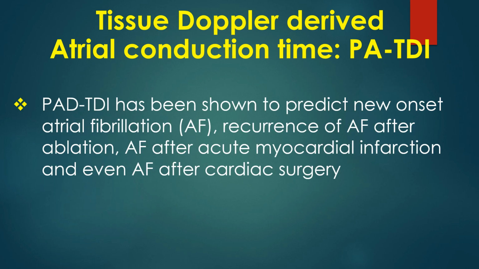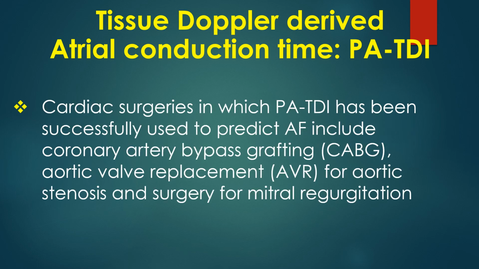PA-TDI has been shown to predict new onset atrial fibrillation, recurrence of AF after catheter ablation, AF after acute myocardial infarction, and even AF after cardiac surgery. Cardiac surgeries in which PA-TDI has been successfully used to predict AF include coronary artery bypass grafting, aortic valve replacement for aortic stenosis, and surgery for mitral regurgitation.